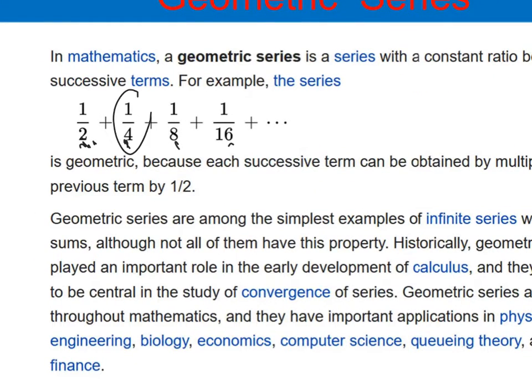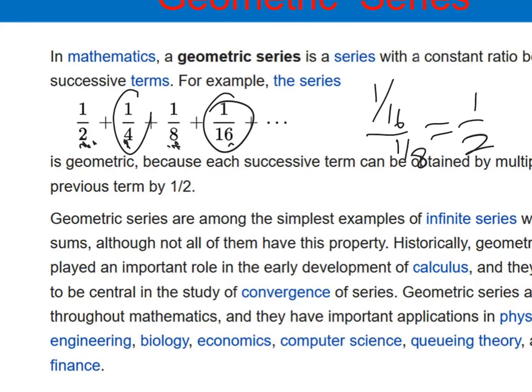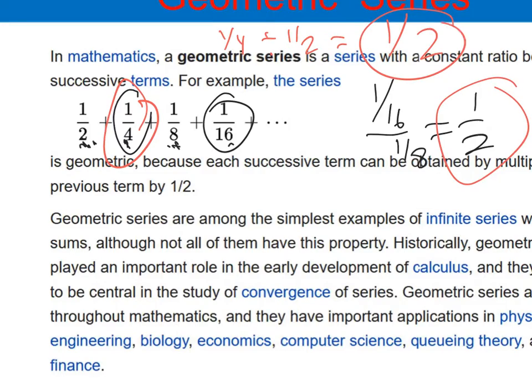Geometric is if you take any term, let me go to this term, 1/16, and divide it by the one before it, 1/8. Lo and behold, you get 1/2. Well, just take 1/4 and divide it by 1/2. What do you get? 1/2. It's a constant ratio.